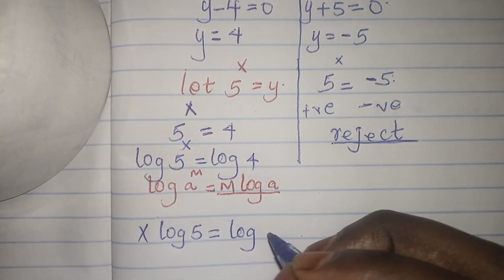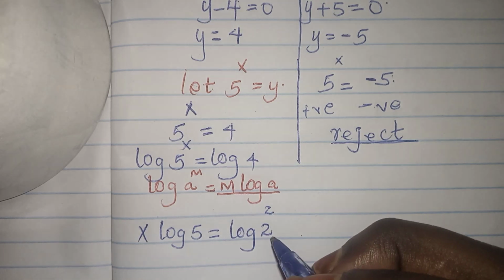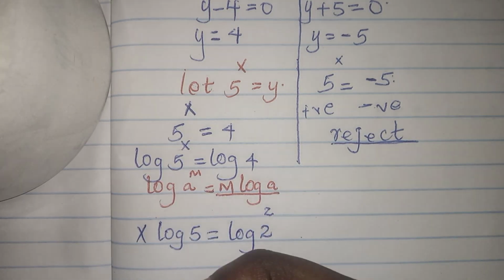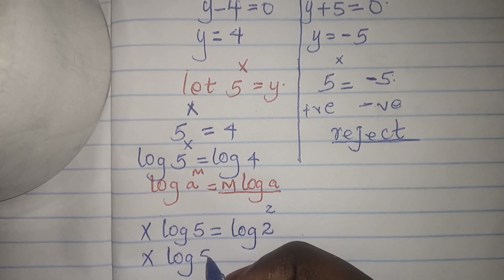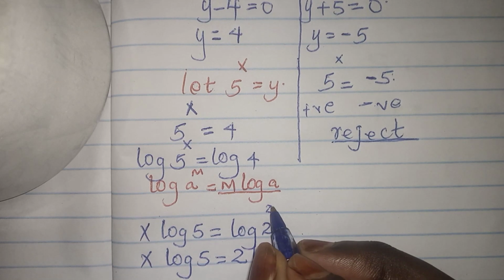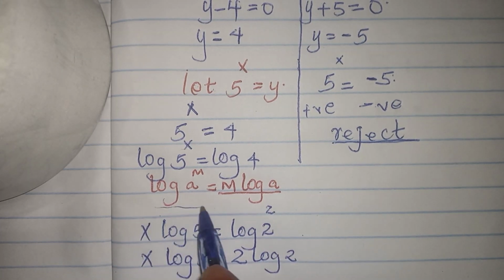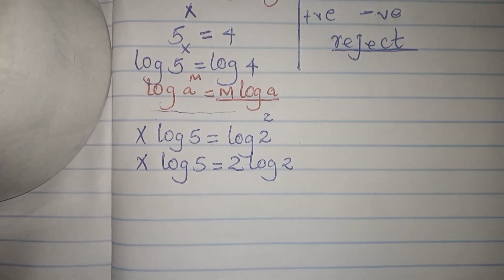I can write it as 2 to the power of 2. Okay, 2 to the power of 2, it's 4. So the same, I'll write x log 5 is equal to 2 log 2. I've brought this 2 here using this formula before the log. So let us find the value of x.